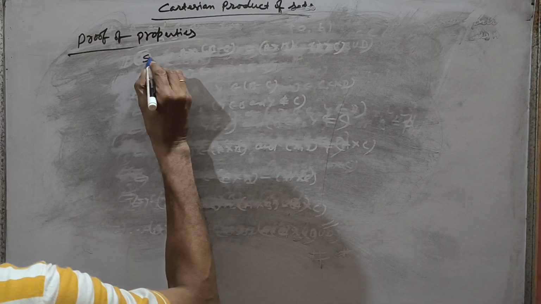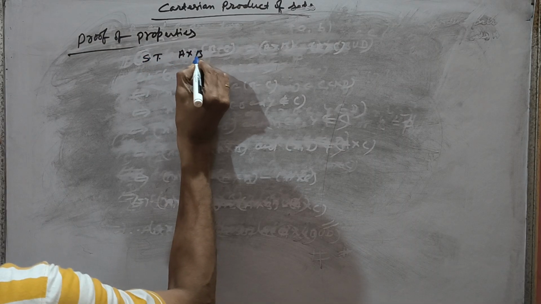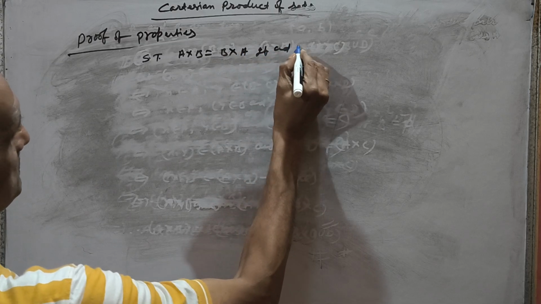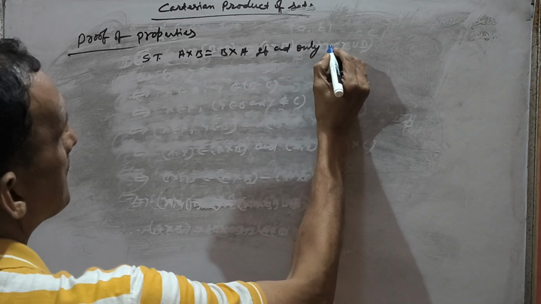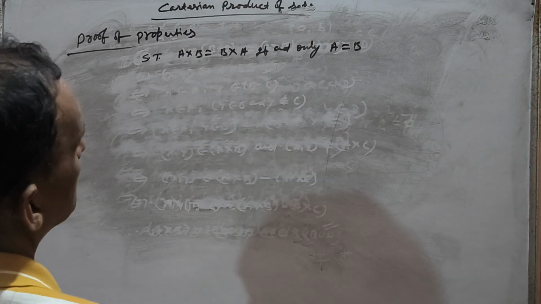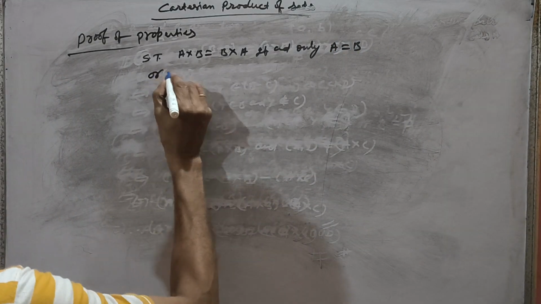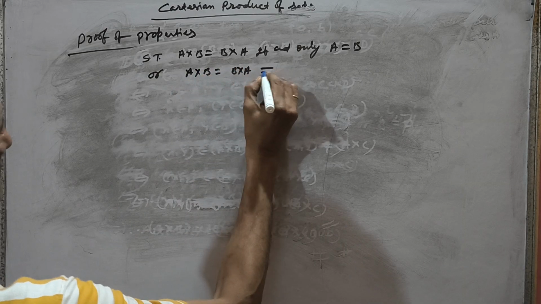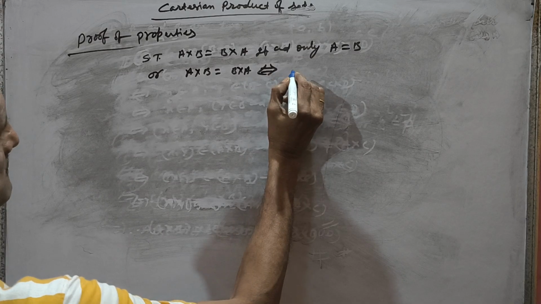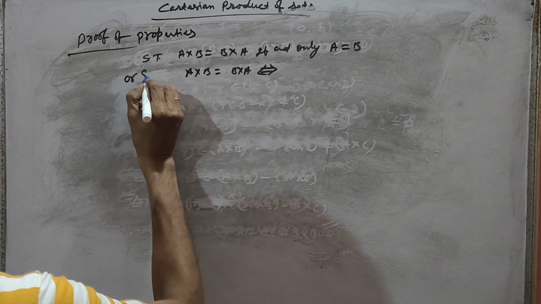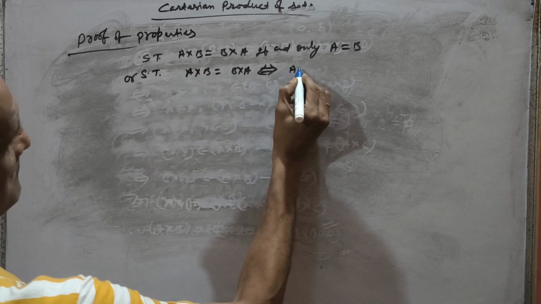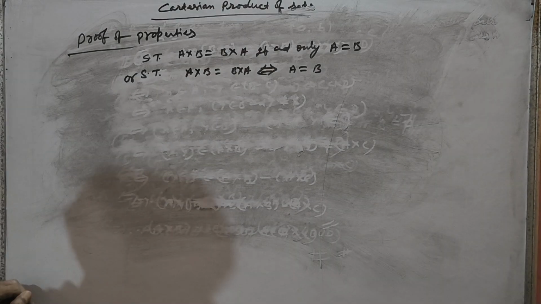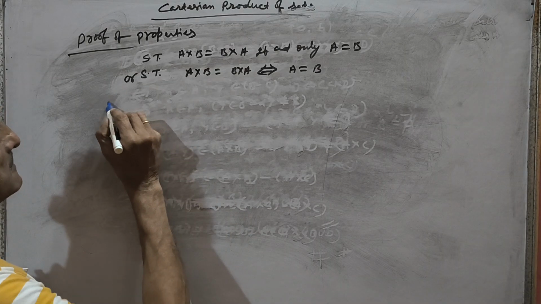The question will be like this: A cross B equal to B cross A if and only if A equal to B. Sometimes they give a symbol also, but both are the same thing. Now this is very important. It is worth about 3 marks. The proof.